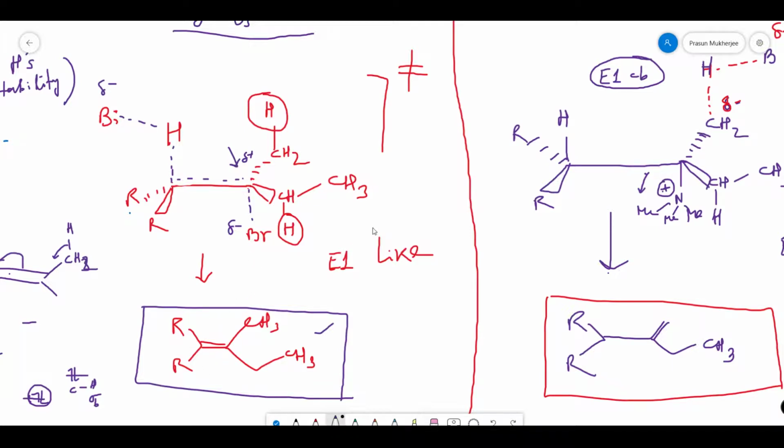So this is much more like the E1 pathway, right? So in case of Saytzeff elimination, the mechanism is like the E1 pathway.